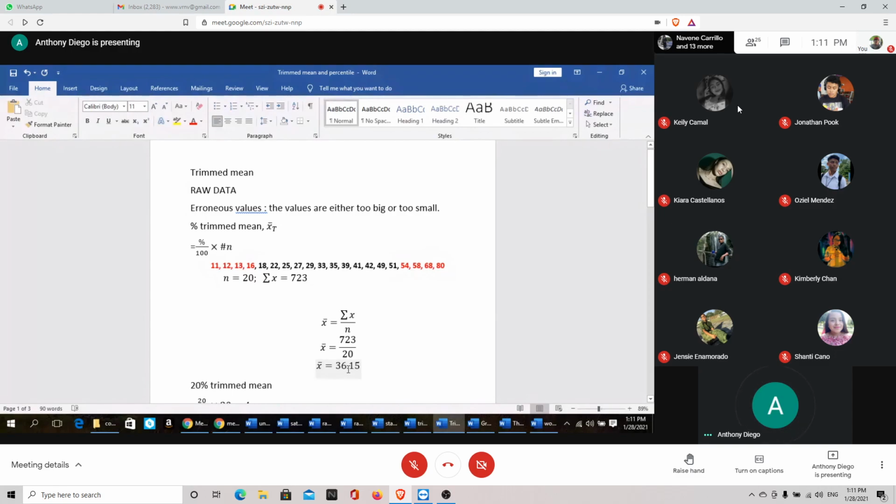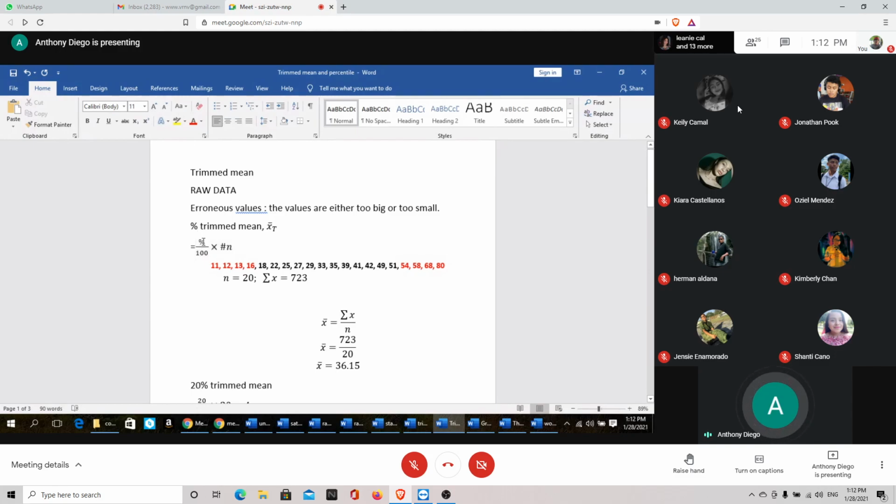I only calculated it because in some problems they might ask you to find the mean and then find the trim mean. Now, in order for you to find the trim mean, the percentage will always be given. So you have a percentage trim mean, like a 20% trim mean, a 30% trim mean, a 40% trim mean. So what we need to do, we're going to use this formula. That percentage is out of 100.